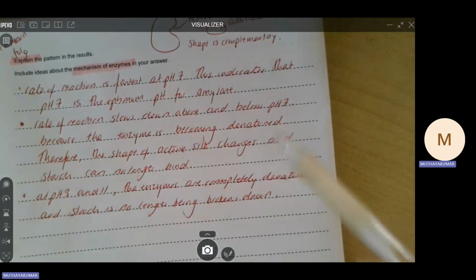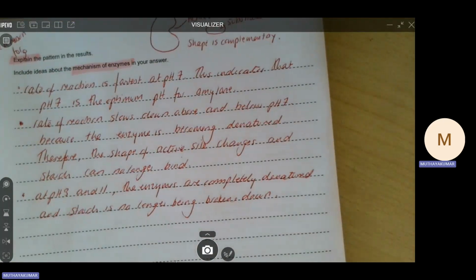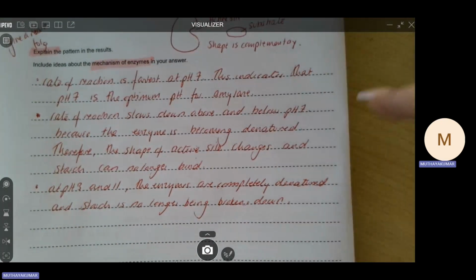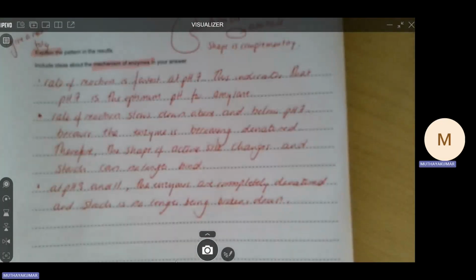Now, as you can see, I haven't written much, but that would have got me 6 marks. Okay, so it's not always about the amount of content, it's just the quality of the content.